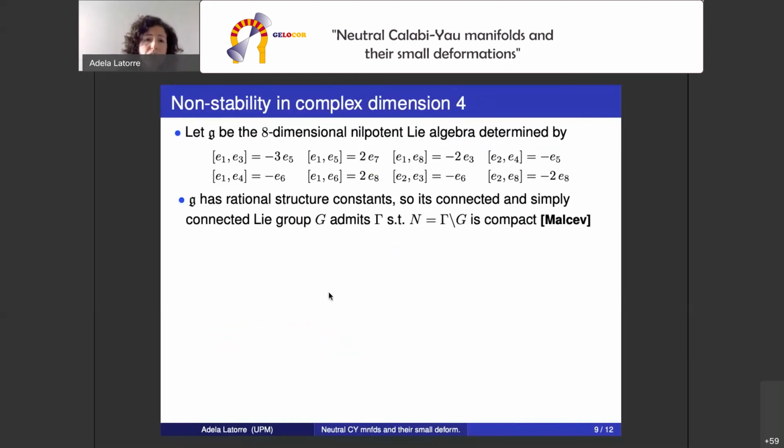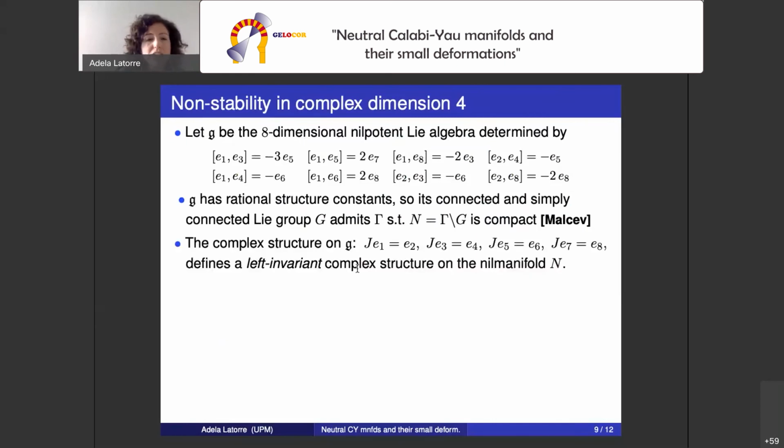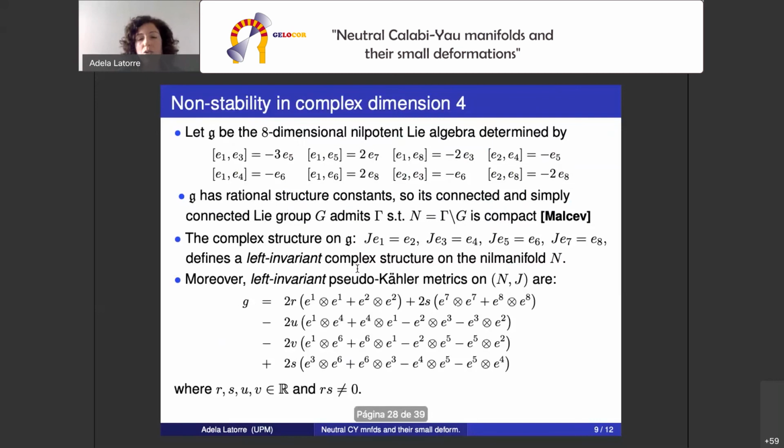To do that, we focus on manifolds which are quotients of nilpotent Lie groups by appropriate lattices. And we found a manifold which was neutral Calabi-Yau, but whose deformations were not. So we constructed this 8-dimensional nilpotent Lie algebra, and we found a complex structure, and indeed we found a whole family of pseudo-Kähler metrics.